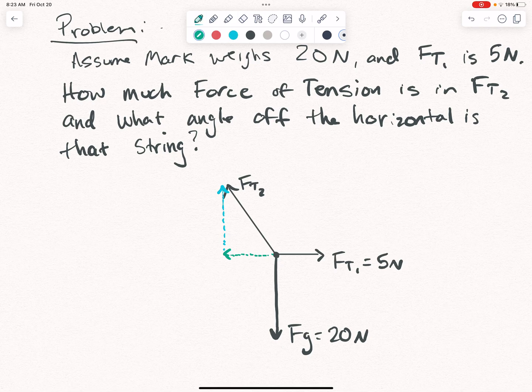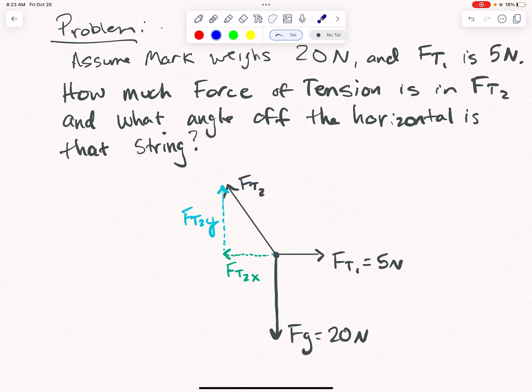To label those, we'll call them FT2 in the X direction and FT2 in the Y direction. Those would be the X and Y components of that particular diagonal force. Now, I very well could have drawn this vertically and then horizontally like that.